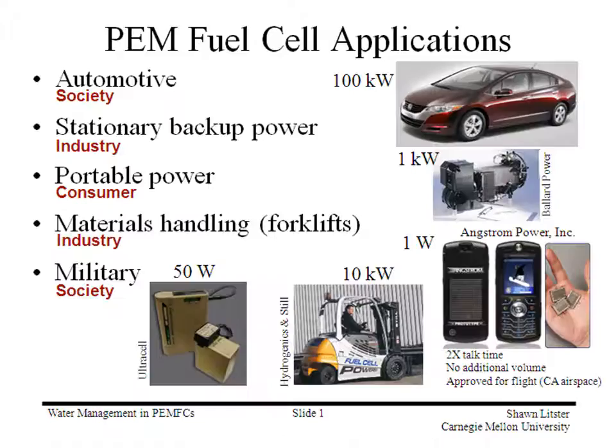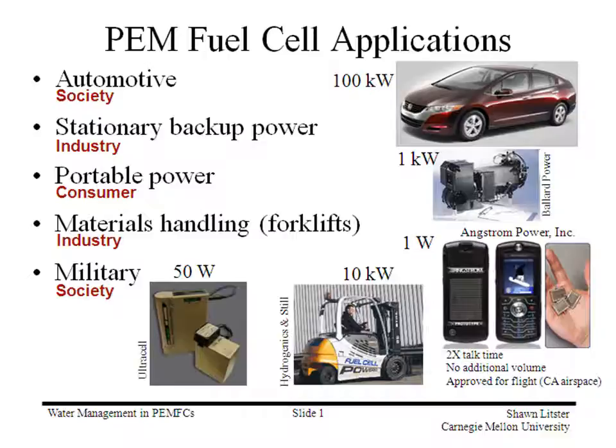And as we'll see here, there's a lot of PEM applications, anywhere from car to backup power to almost all portable devices are some derivative of proton exchange membranes, either operating off of hydrogen or methanol.